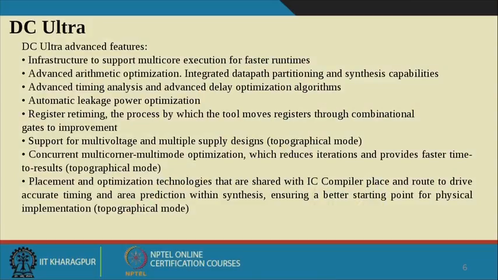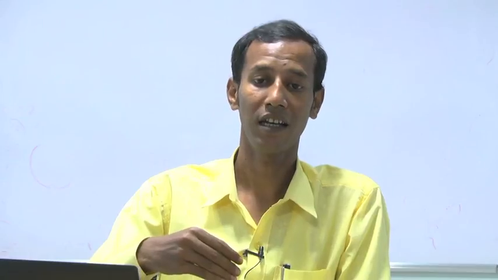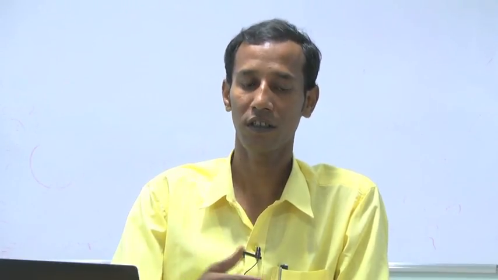Along with that, we can use advanced features like register retiming. Register retiming is the process by which the tool moves the registers. If I have some unoptimized or unintended registers placed in some paths, I can readjust those registers without putting any extra register into the circuit.